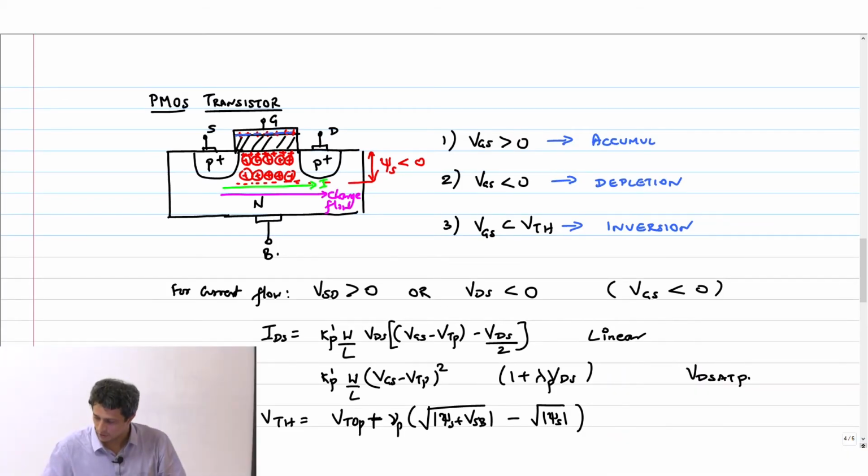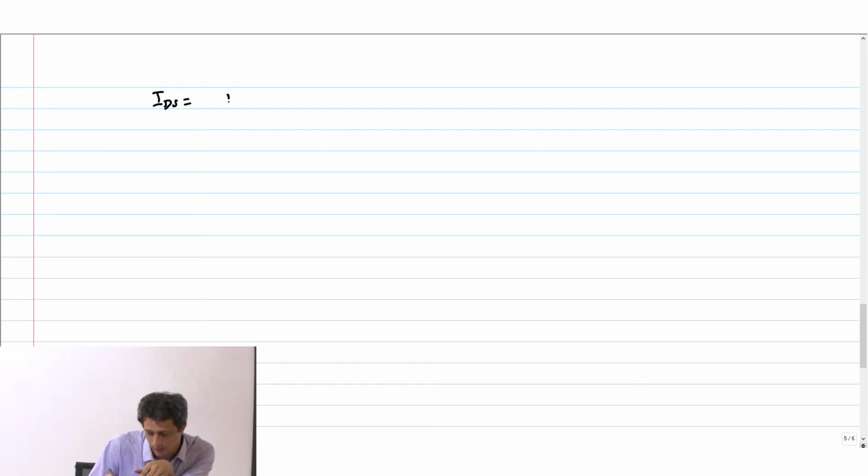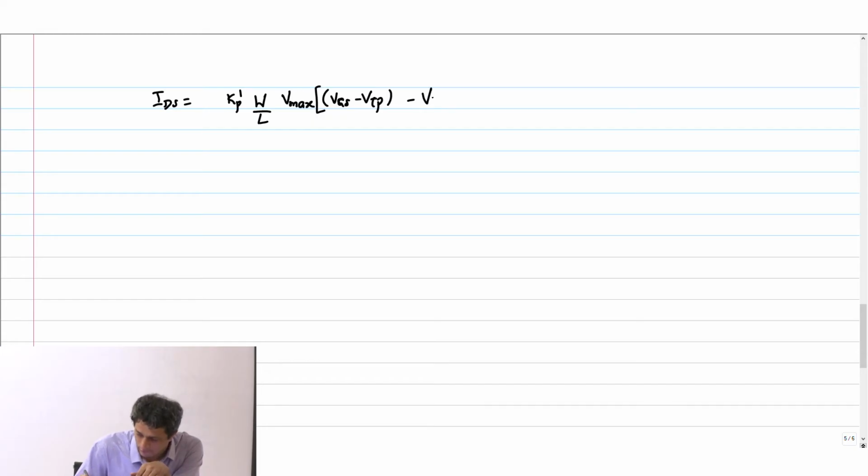So let me just write the unified current model for a PMOS transistor. IDS will be Kp prime W by L into V max, I'll tell you what that is, into VGS minus VTP minus V max by 2, into 1 plus lambda P into VDS.